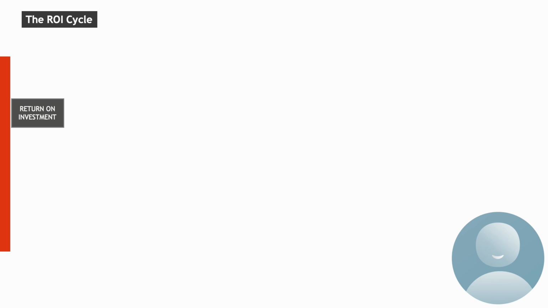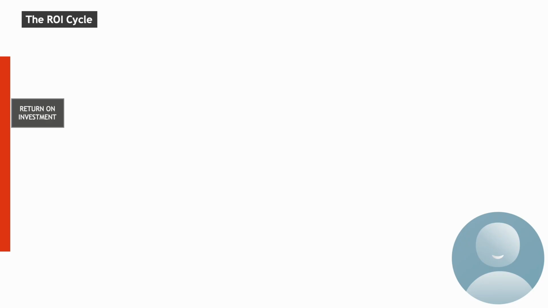To start with, we will go from right to left at the bottom, which will be the ROS cycle. You remember I spoke about return on sales, which is a metric that gives you a glimpse of the strength of the P&L and how the P&L behaves. That will go from right to left at the bottom of the screen.